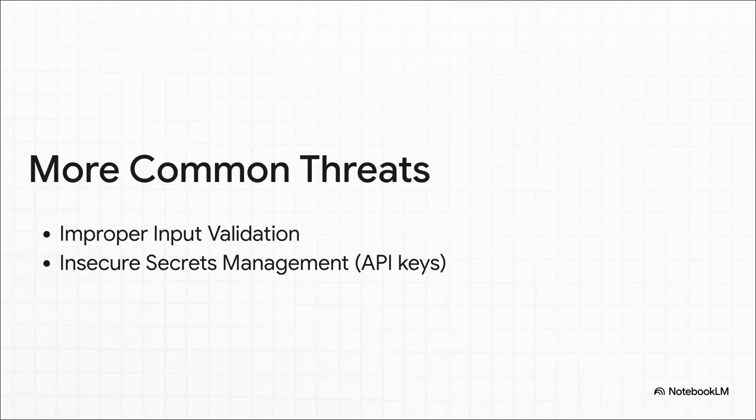We also see all the classic software security risks. Stuff like not validating your inputs properly, which can open you up to injection attacks, or insecure secrets management. And come on, we've all been tempted to just hard code an API key in a script to get it working, right? These are such easy mistakes to make, but man, the consequences can be absolutely devastating.